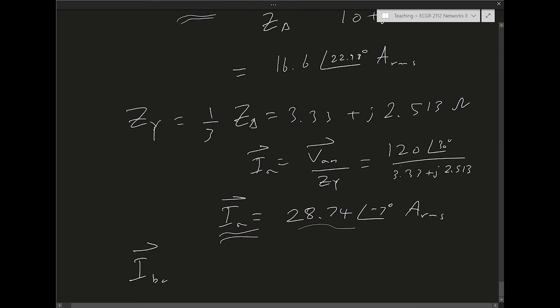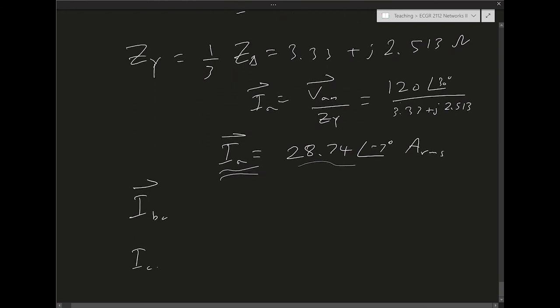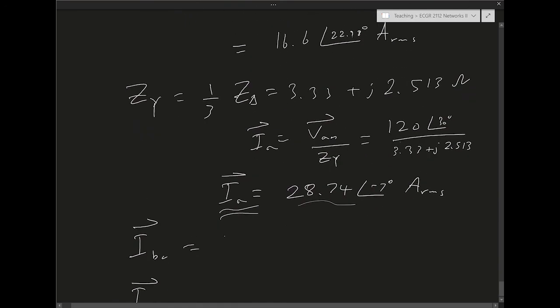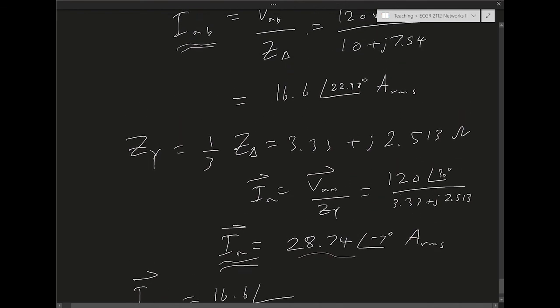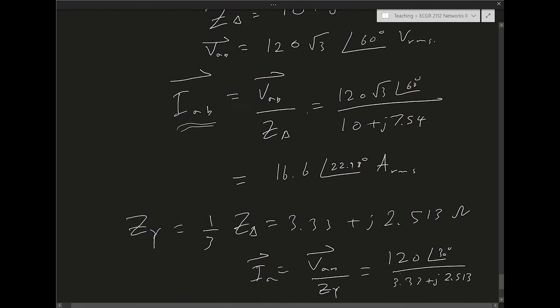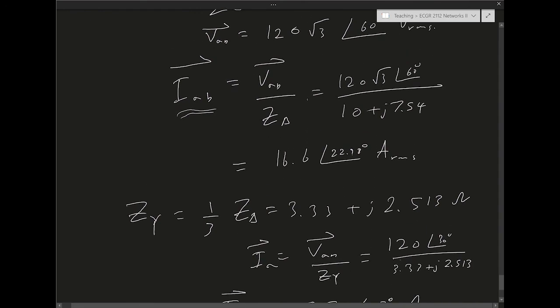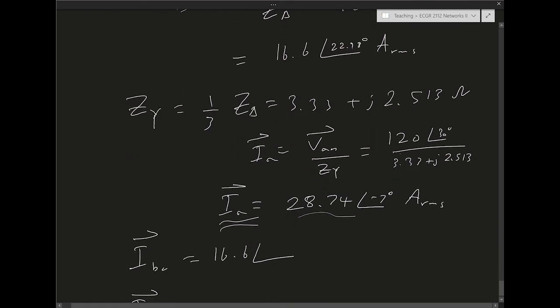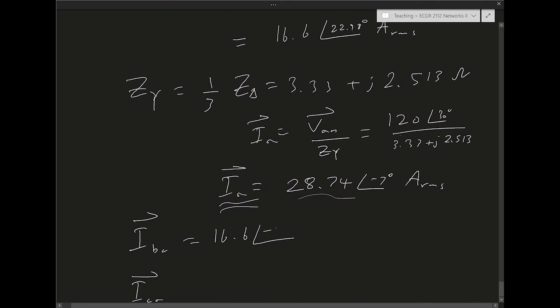IBC is the same magnitude, 16.6, but now the angle is shifted by minus 120 degrees. So 22 minus 120 is about -97.02 degrees.